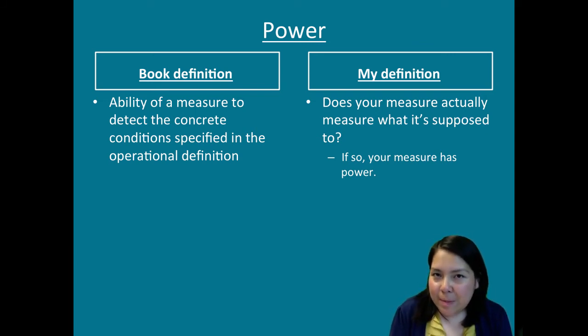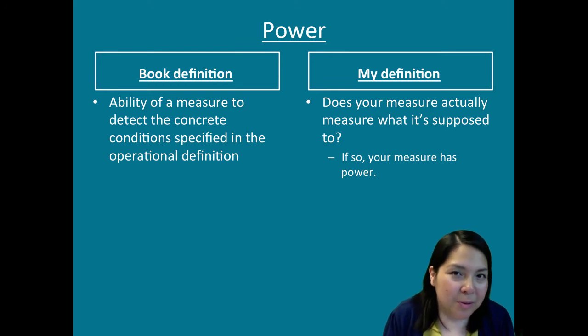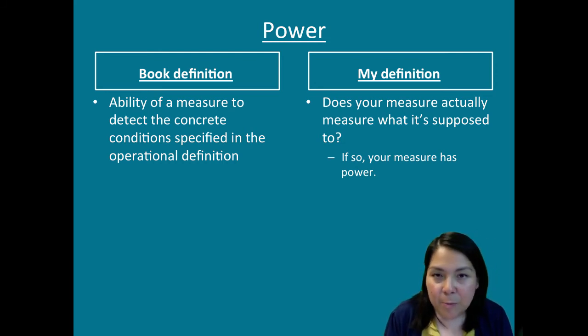Is that really happiness? There are plenty of other types of measurements that could answer that question of what is happiness, and not just smiles and the number of times that someone laughs.